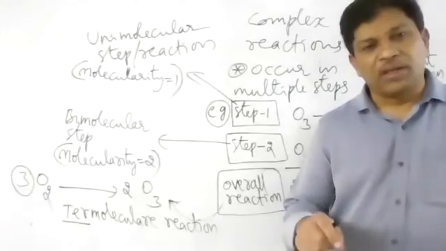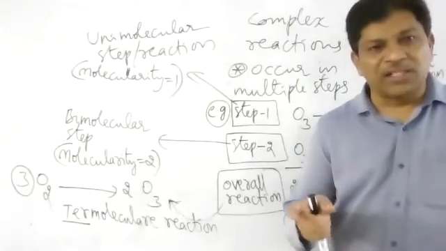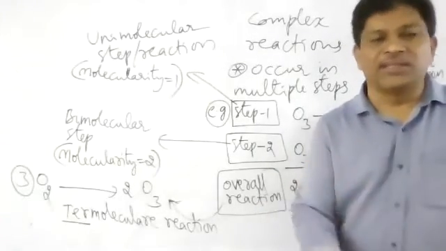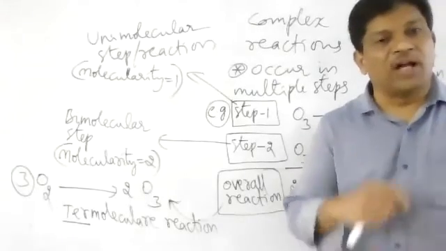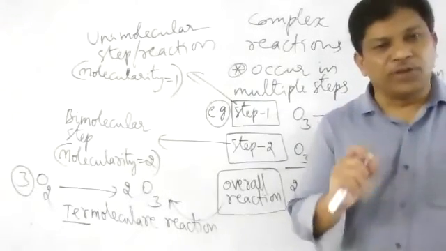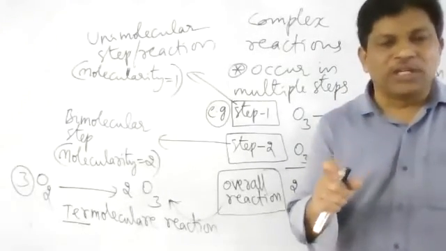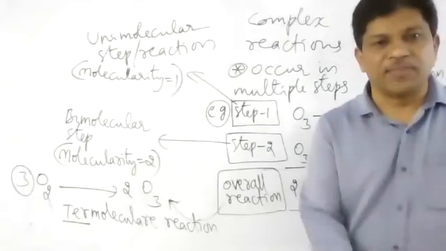Next, the classification of chemical reactions based on rate of reaction also we have to study. Very fast reactions complete in 10 to the power of minus 16 to 10 to the power of minus 14 seconds.